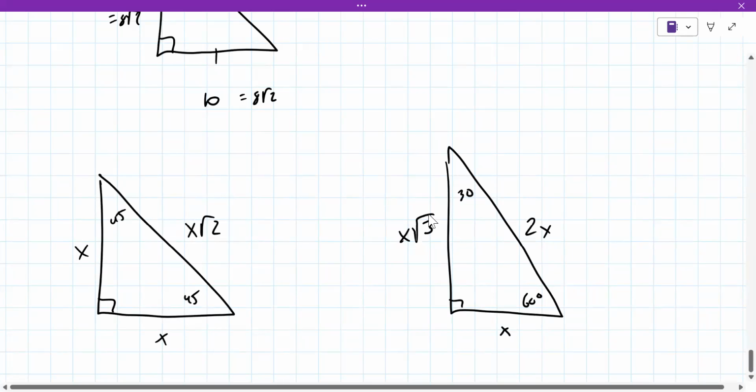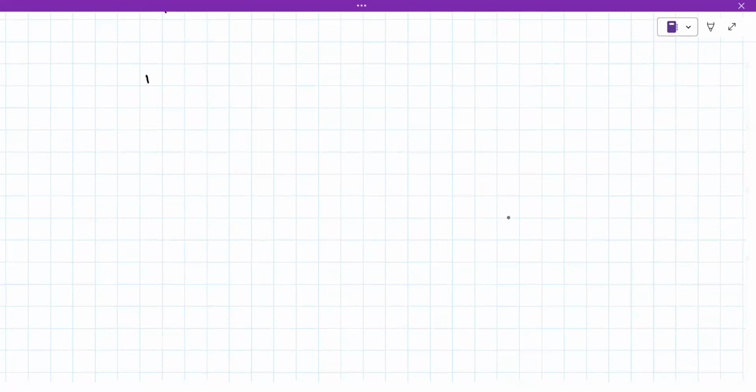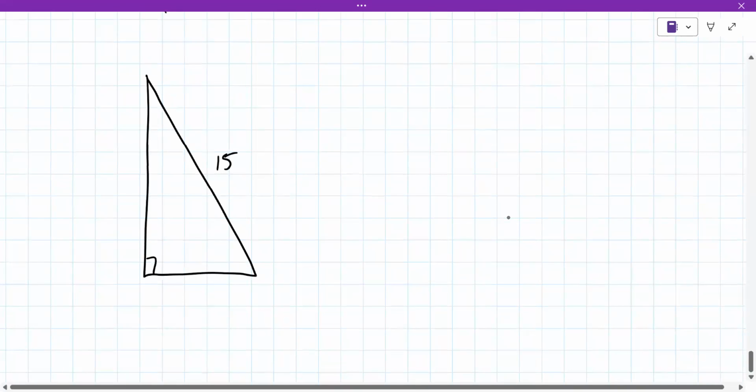Okay, so let me give you a couple of these 30, 60, 90s to see where you're at. So let's say I give you that the hypotenuse is 15 and I want A and B, and this is 30 degrees here.